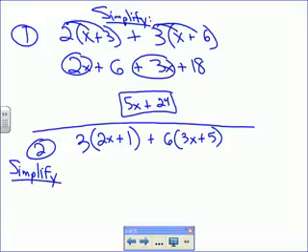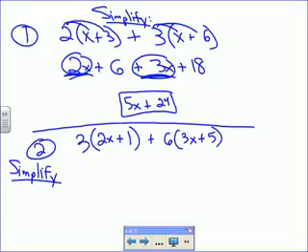Wait, how do you get 5x plus 24 for the first one? Oh, I put the 2 plus 3, 2x and 3x make 5x's. Oh, okay. Yeah. Just add the like terms together.